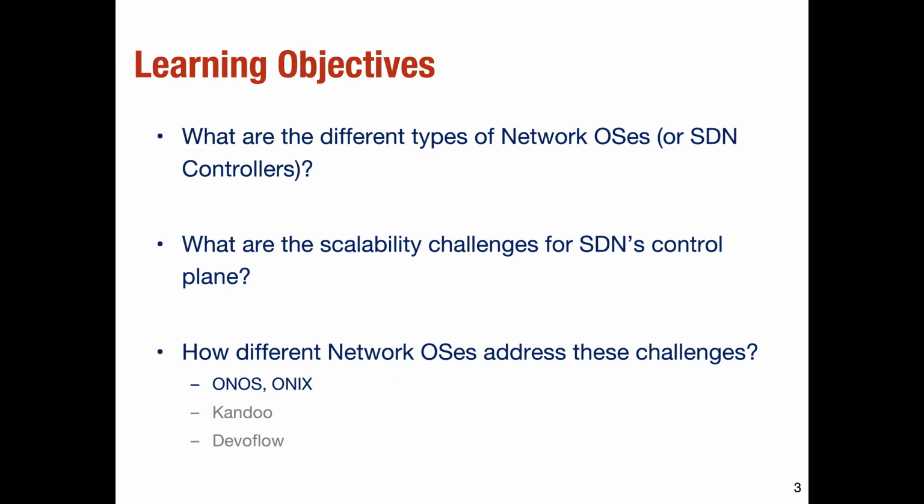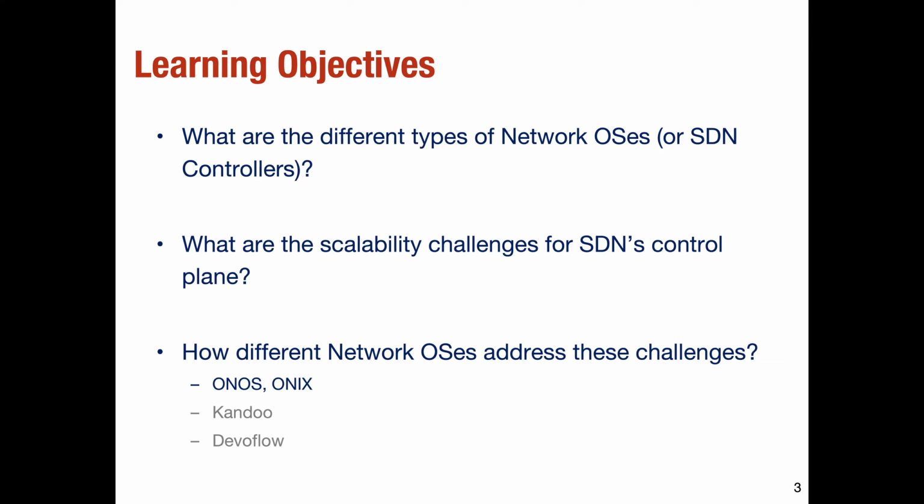All right. So with the network operating system, we are going to learn about the different types of network operating systems, and people use them as a replacement for SDN controllers. The confusion you might see, where network operating system and SDN controllers are mixed up, is because the clarity of the abstraction evolved over time, and people use a lot of terms and jargon which are not really well motivated.